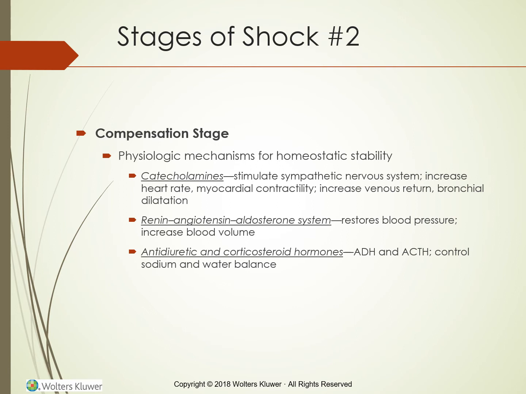Release of renin causes a series of chemical reactions that eventually produce angiotensin II, a potent vasoconstrictor that raises blood pressure. Angiotensin II also stimulates the hypothalamus to signal the adrenal cortex through the pituitary gland to release aldosterone, a mineralocorticoid that promotes reabsorption of sodium and water by the kidneys, which serves to increase blood volume.